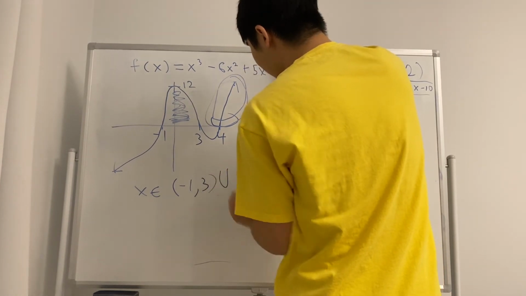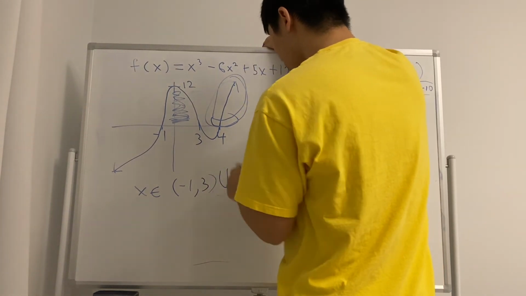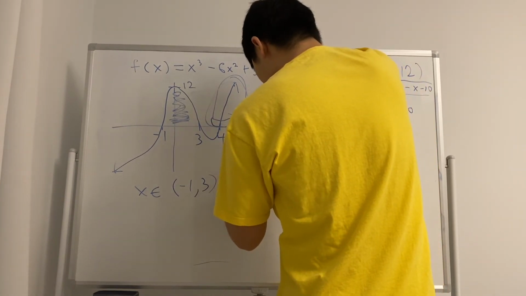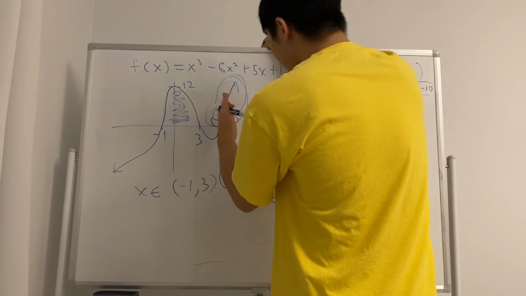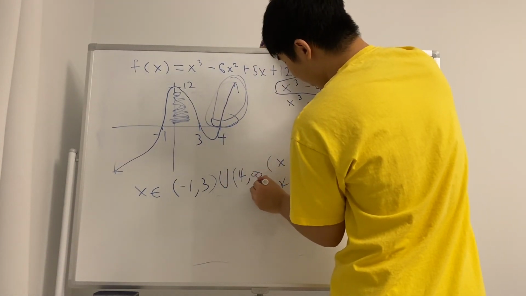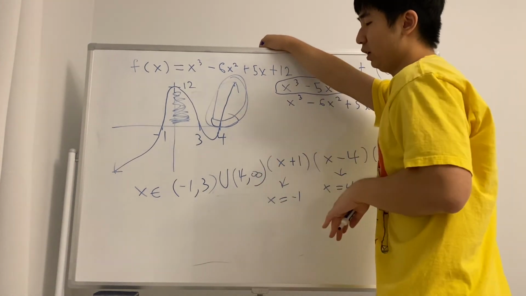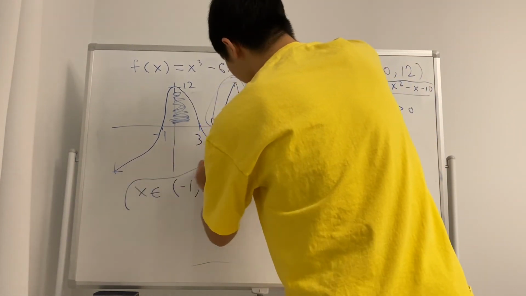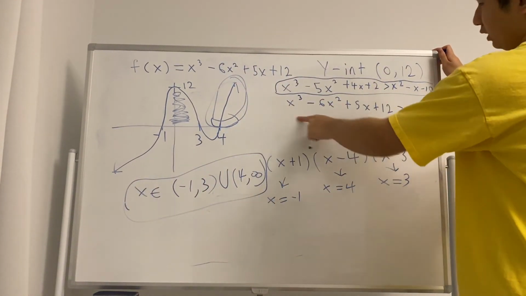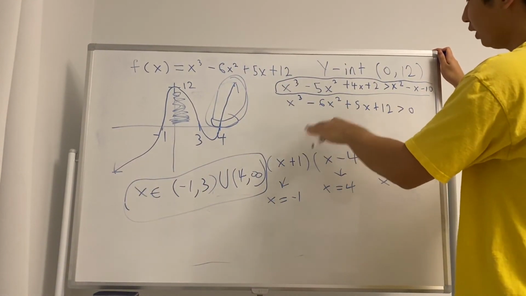And this represents union. It's greater than 0 after 4, so we're going to put a round bracket here for 4, and this just goes on to infinity. And always a round bracket for infinity. So this is the answer to this. When is this polynomial greater than 0?